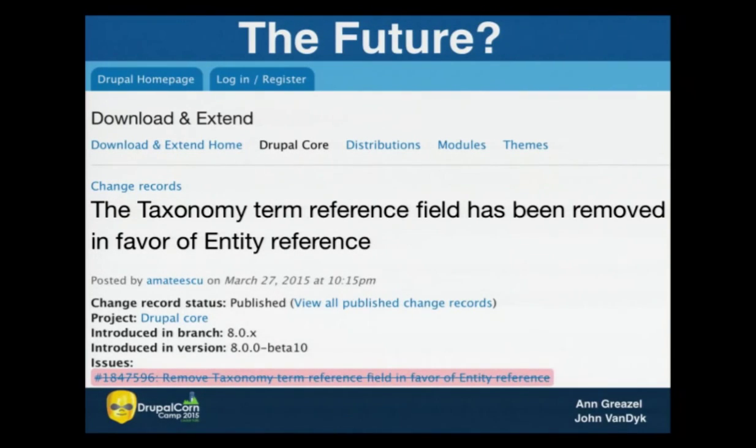Because what has happened is taxonomy was one of the first things in Drupal. It was written back in like 2002 by some Italian guy, and he really got it right. It's been basically unchanged all these years because he did a really good job. But all these years later, the rest of Drupal has kind of grown up besides the taxonomy. So we now have fields. We didn't have fields before.